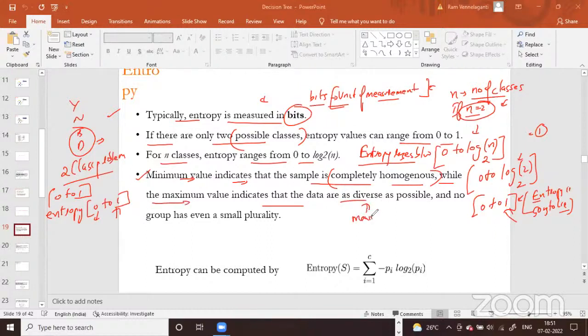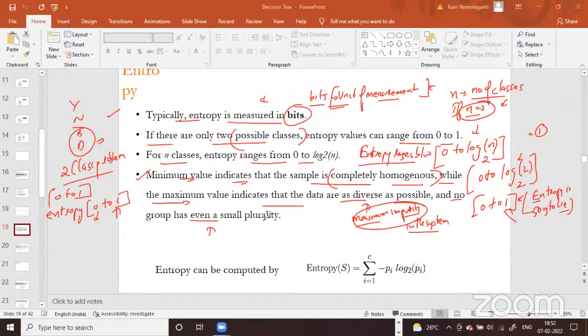There is maximum disorder, maximum impurity in the system. And no group has even a small majority. The entire group you can call not homogeneous if the entropy value is very high.